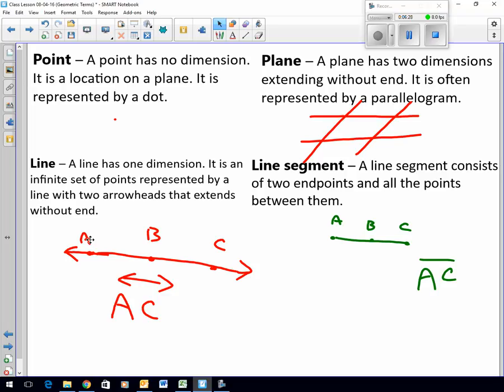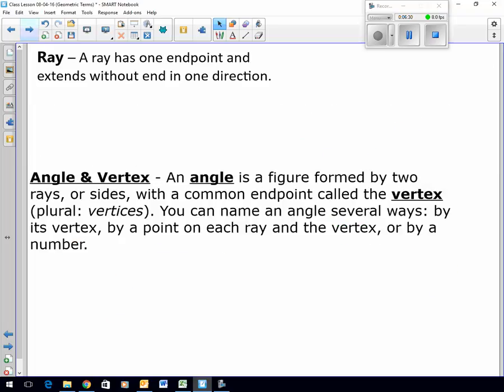The reason it's a big deal is because I also have a ray. A ray has one endpoint. Let's go A, B, C. Okay, check it out.